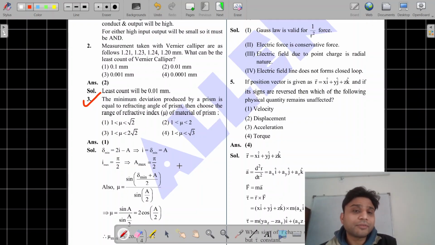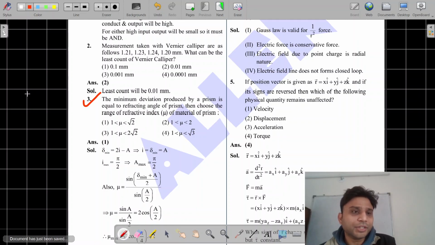In the same way, we have a question here that the prism is operating in the condition of minimum deviation. We are given that the minimum deviation produced by a prism is equal to the refracting angle of the prism.